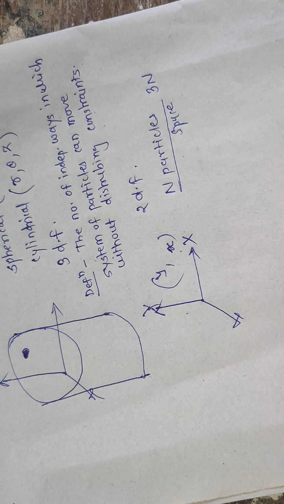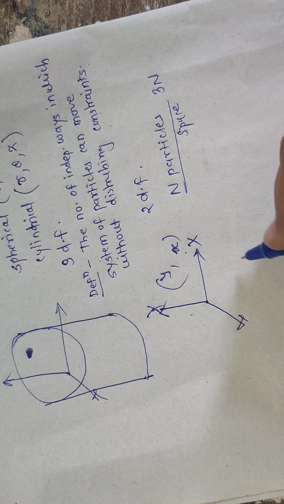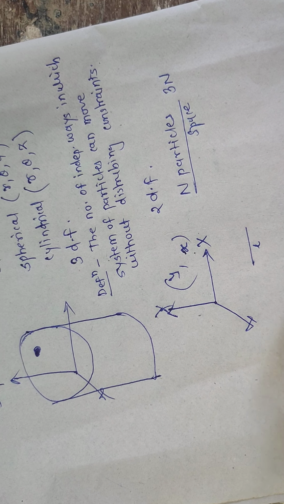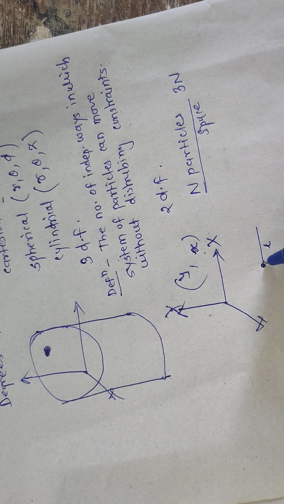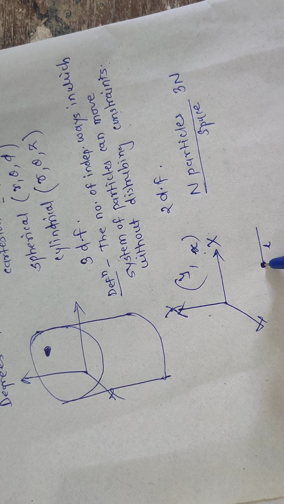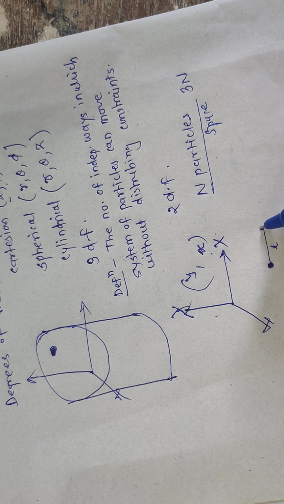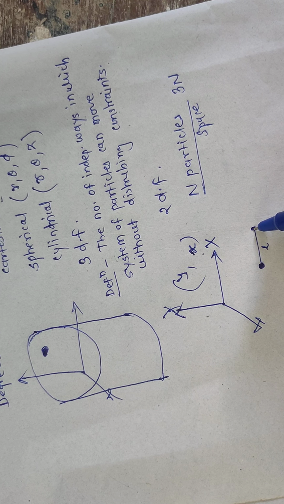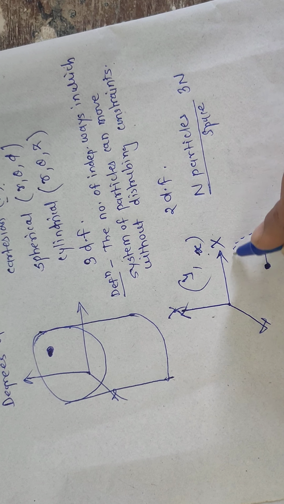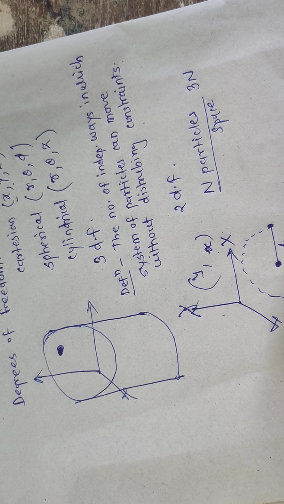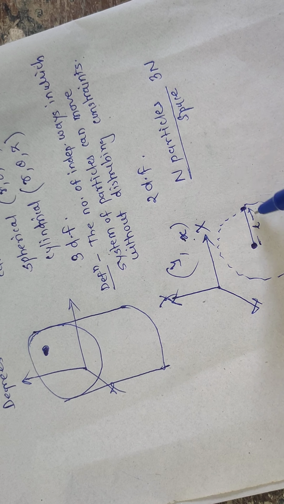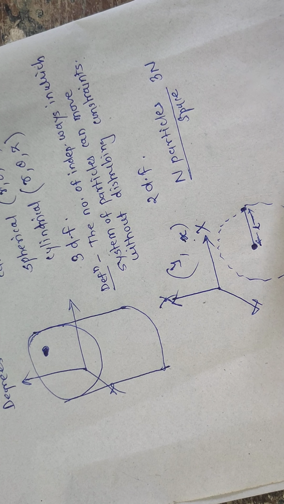Now take another example. Consider a rigid rod of length L. One end of this rigid rod is fixed, and particle at another end of this rigid rod is rotating in a plane with a radius equal to the length of this rigid rod.